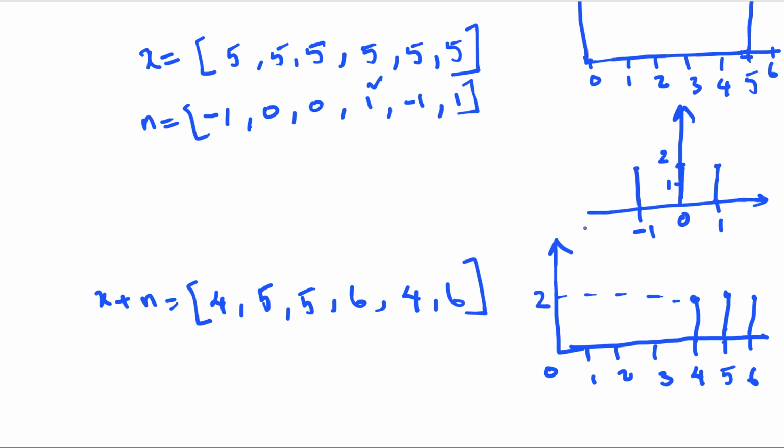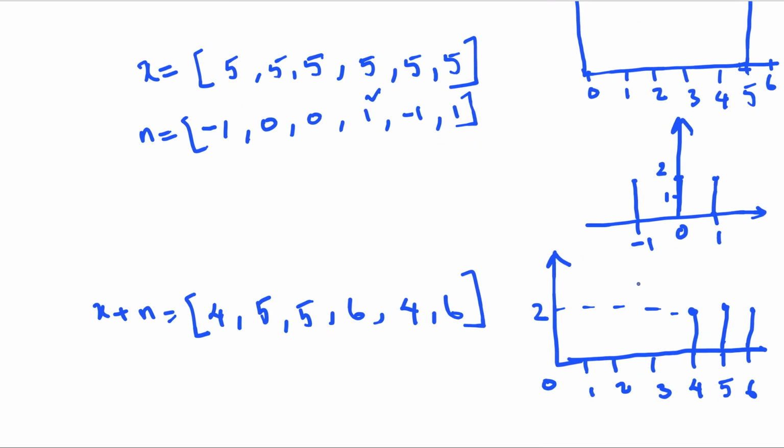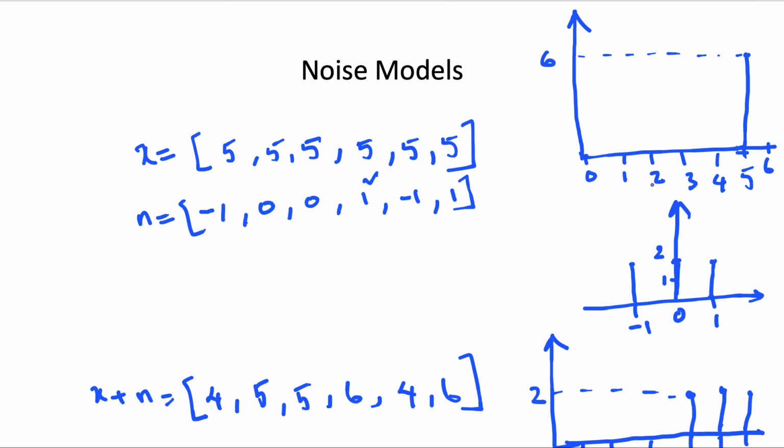So what actually happened? I just had only one value in this original vector x. Then this is the noise that we are going to add. Let's suppose that I'm calling this n the noise, and this is a histogram of the noise that we are going to add, and this is the final vector that we are getting. So in this case, the original signal is distorted by noise.